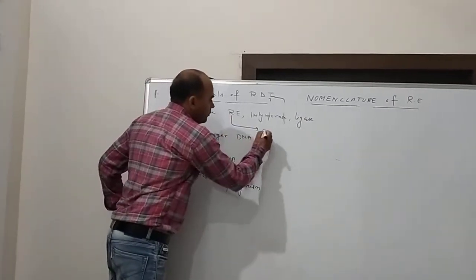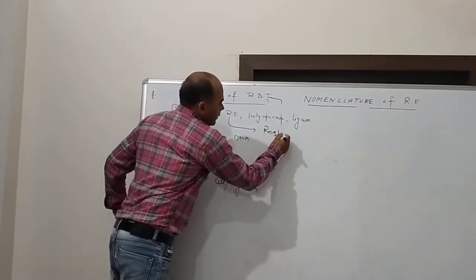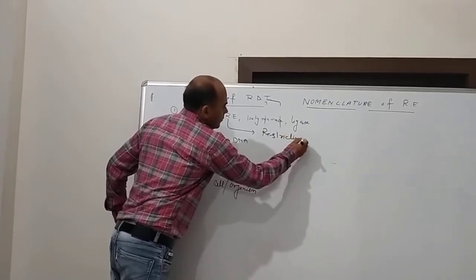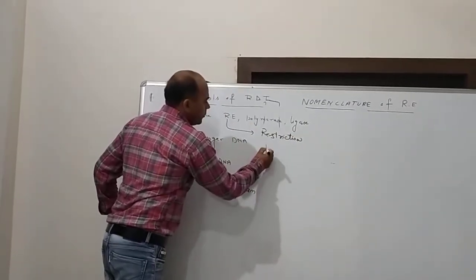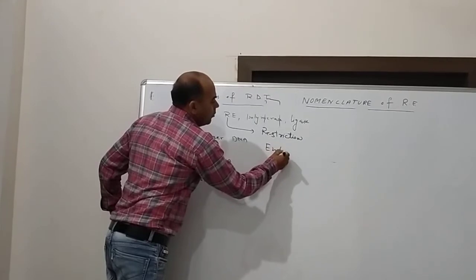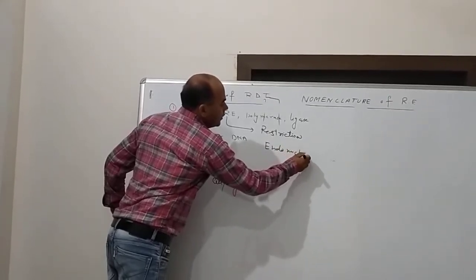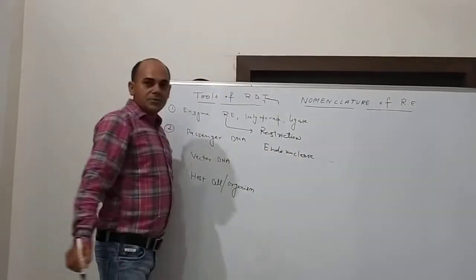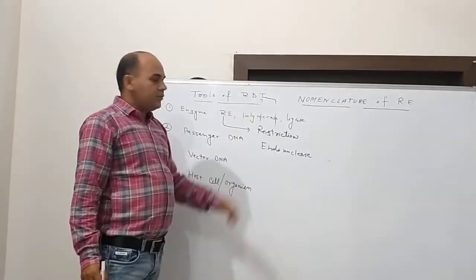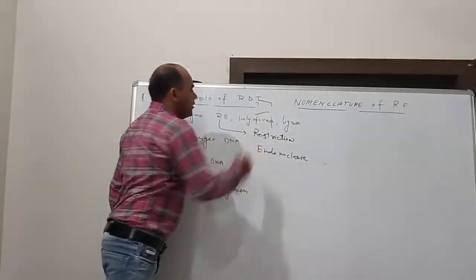R stands for restriction, E stands for endonuclease enzymes.